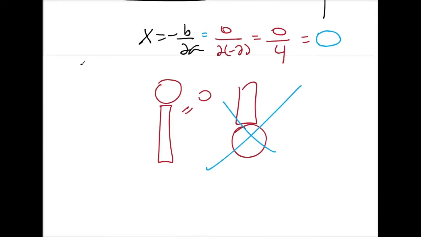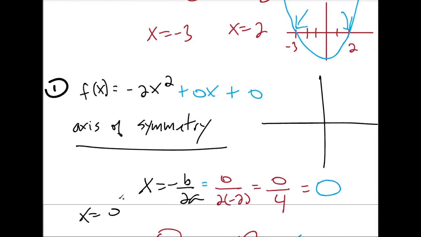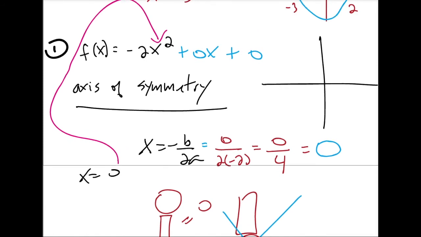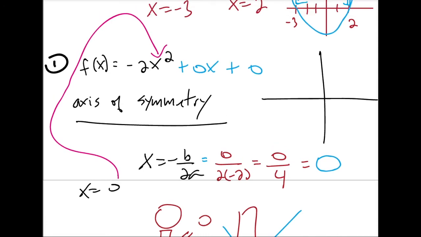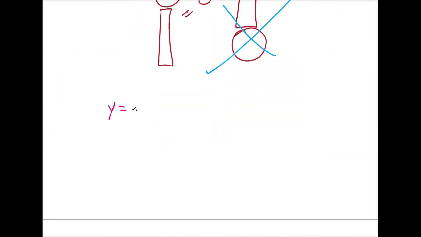You just plug it back into the original wherever you see x, and it just happens to only be in one spot. So y is equal to negative 2 times 0 squared, which is what?